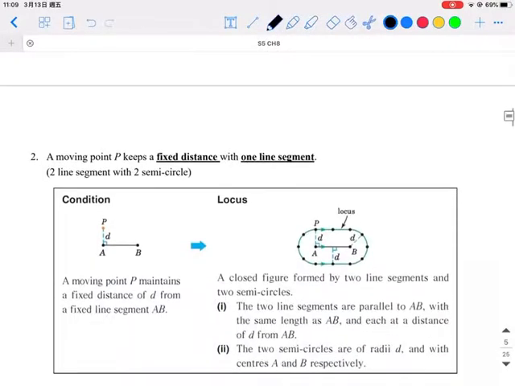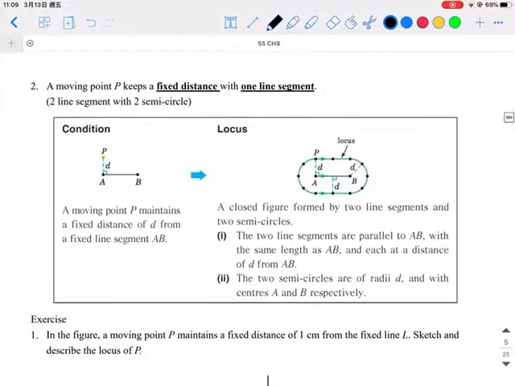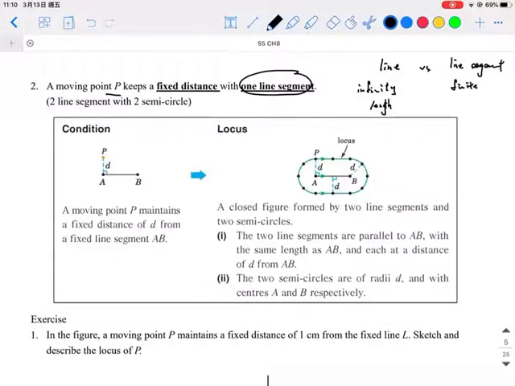So therefore, the locus is a parallel line. Now we move on to another example, where the moving point P keeps a fixed distance with one line segment. So what's the difference between a line and a line segment? The line has infinite length, and the line segment has finite length.